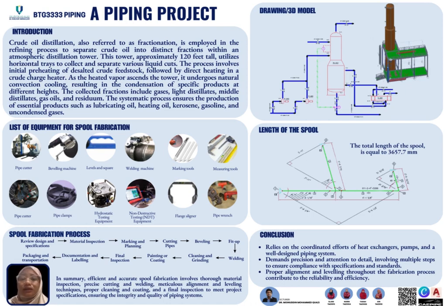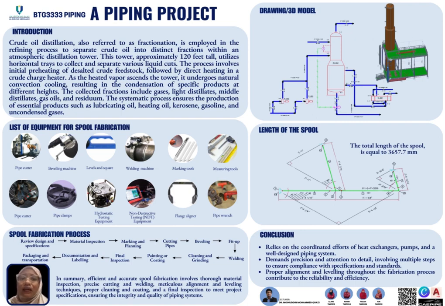Second, material inspection. Inspecting the pipes, fittings, and flanges, ensuring they meet quality standards, is crucial for a sturdy spool. Third, each component gets a mark and we plan the production sequence accordingly. It's all about precision and organization. Fourth is cutting pipes.